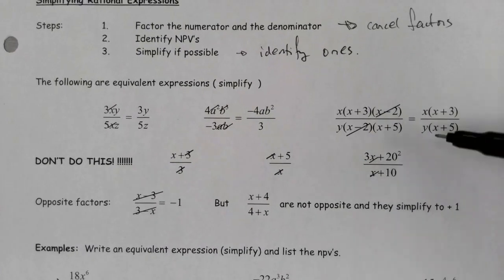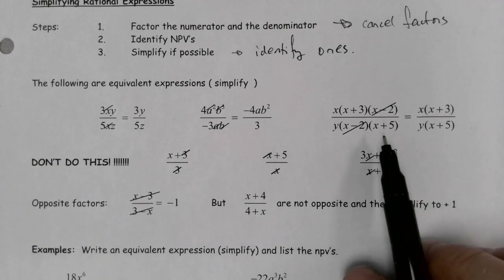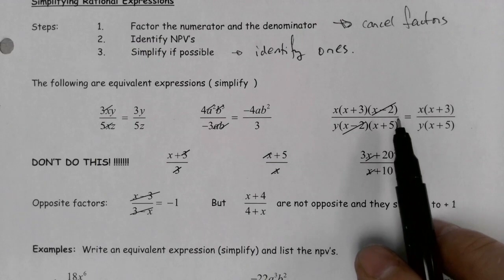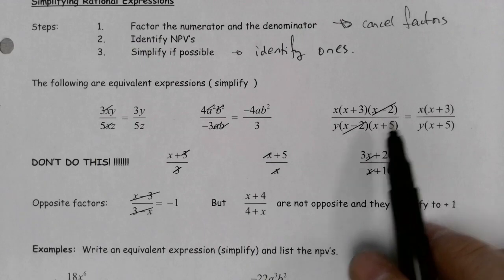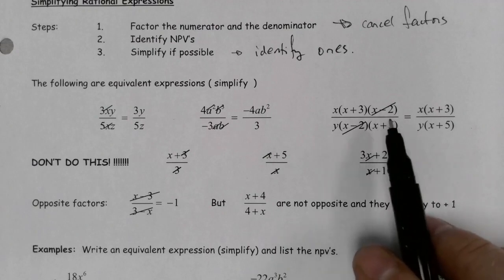Now, the same thing happens even if you're looking at binomials. That should make perfect sense. I don't know what x is, so I don't know what x minus 2 is. But I know that whatever this x minus 2 is, it's going to be the exact same as this one right here.